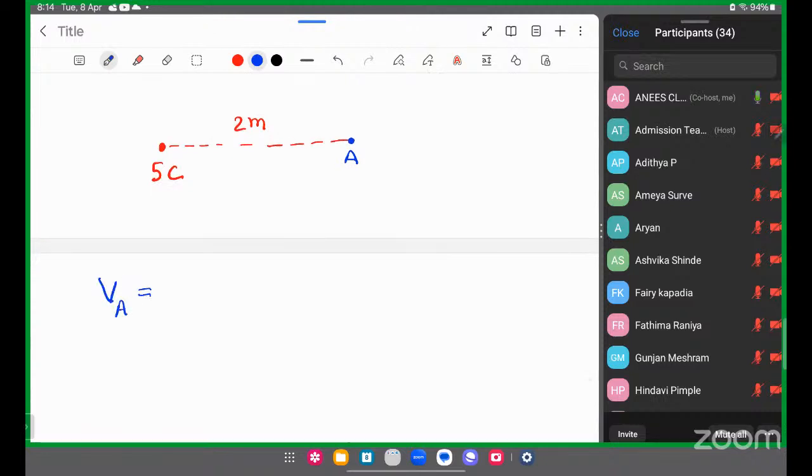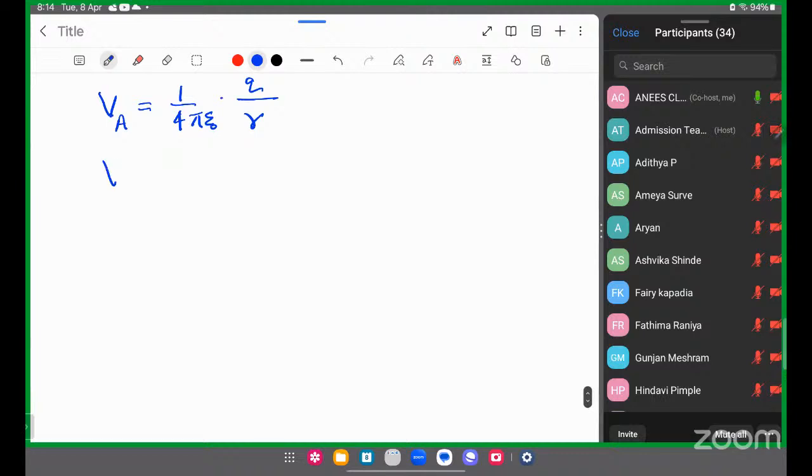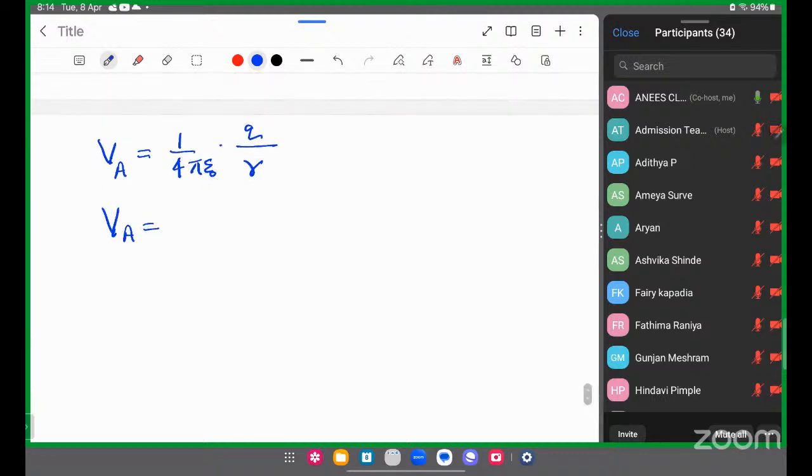Potential at a point due to a point charge is given by 1 by 4 pi epsilon naught Q by R. Am I right? Is it the correct formula to calculate potential at a point due to an isolated point charge? Yes. So what will be the value of VA?